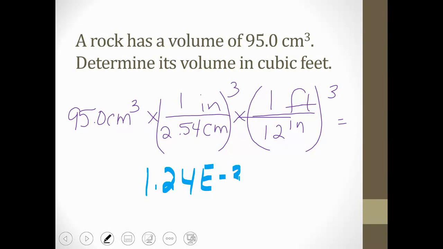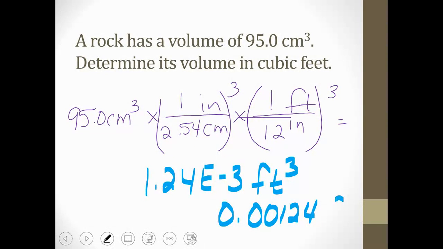So you can do it this way. And that is feet cubed. Now, a foot is a much larger unit than a centimeter, so I do expect to get a small number when my unit of measure is very large. If your calculator gave this to you in standard form, that would certainly be acceptable too. Either one of these is exactly the same volume as 95 centimeters cubed.